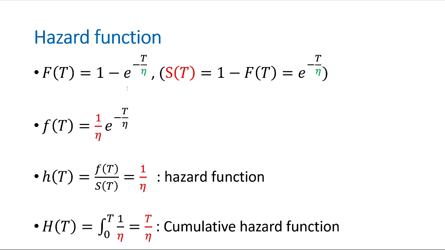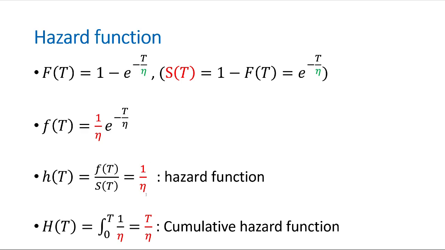This is the cumulative function for the exponential distribution, and 1 minus F(t) is actually the survival function S(t) in survival analysis, and it can be written in this form, right? And hazard h(t) equals f(t) over S(t), and if you divide f(t) by S(t), then you can get 1 over eta.